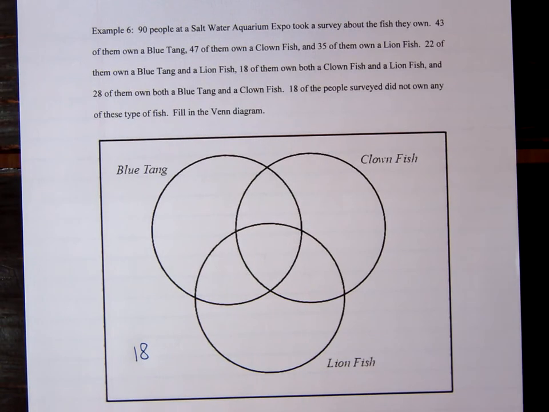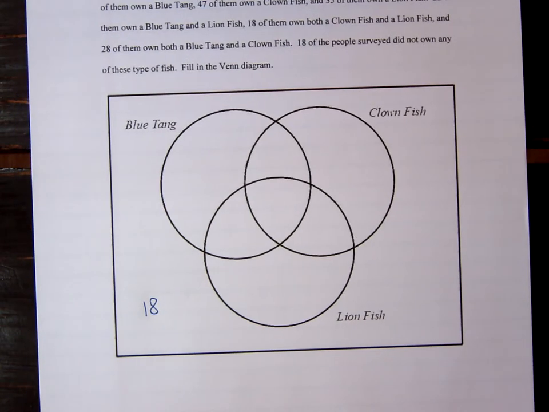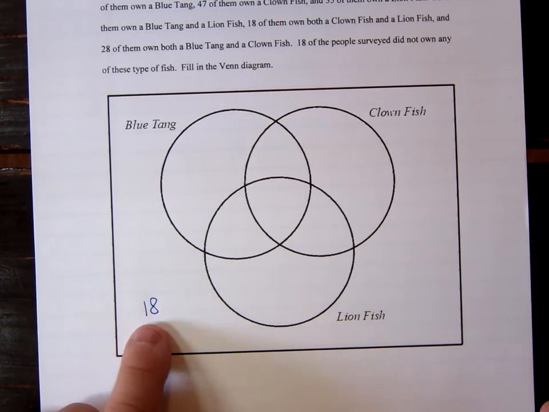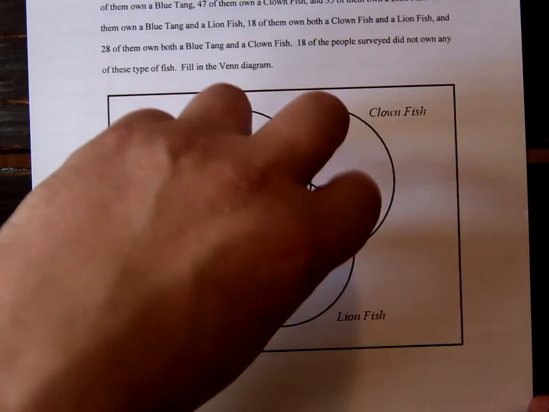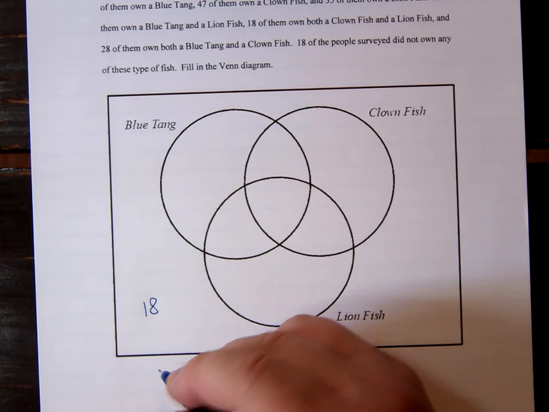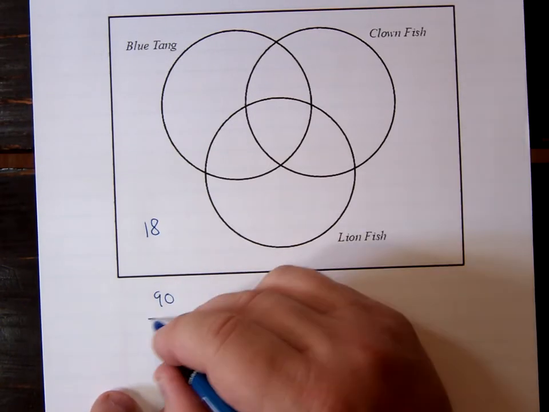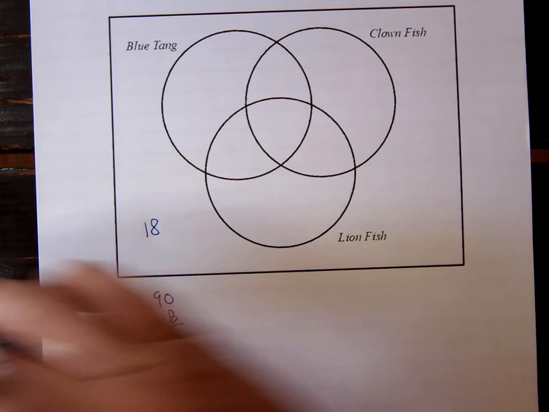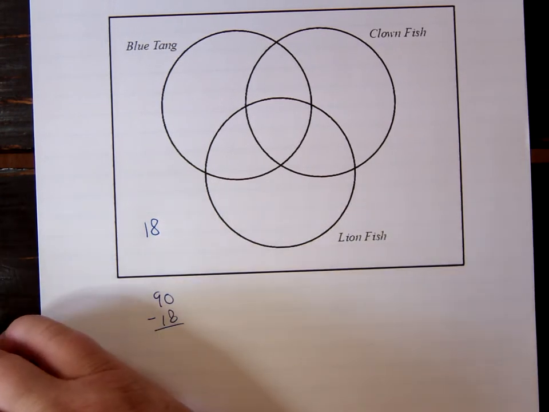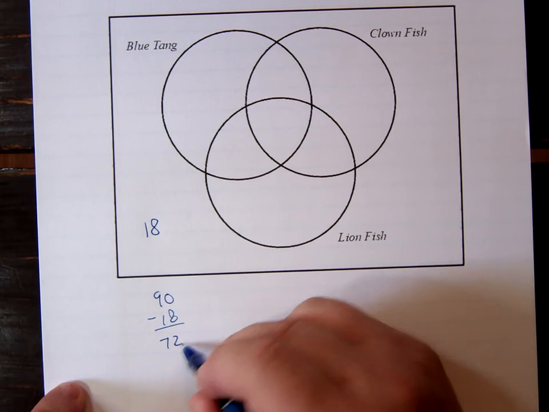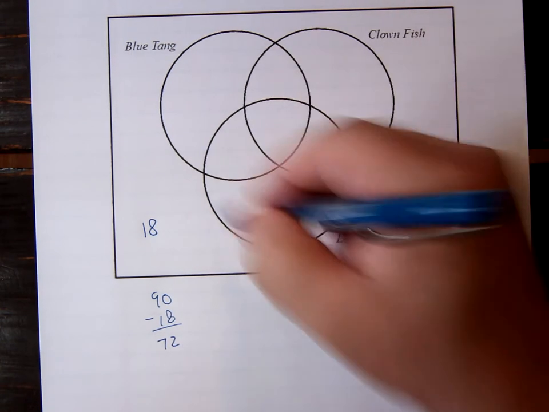So like we did with the 2 where it just told you how many people didn't belong in there, first find out what these 3 circles should add up to. I'm going to do 90 total people that did the survey minus the 18 that said they didn't own anything. So that's 72. So these circles should add up to 72.